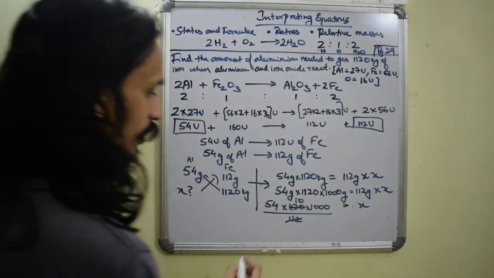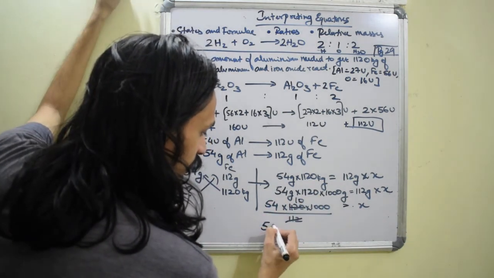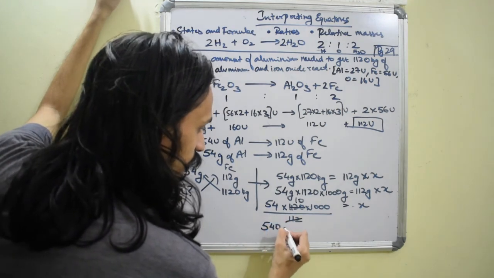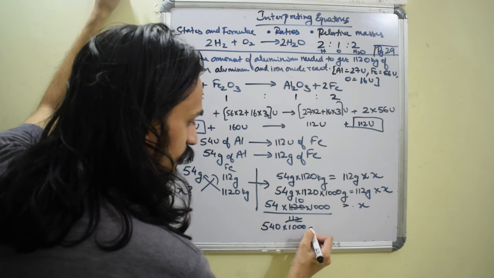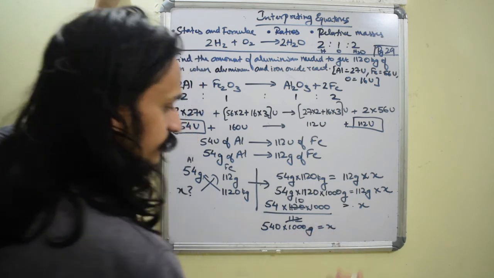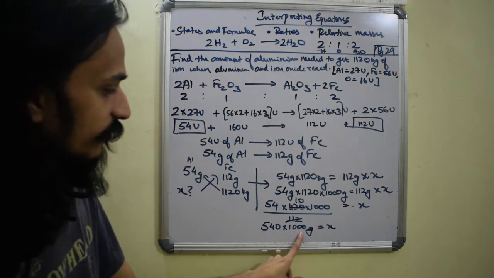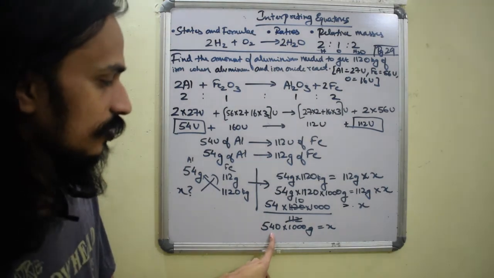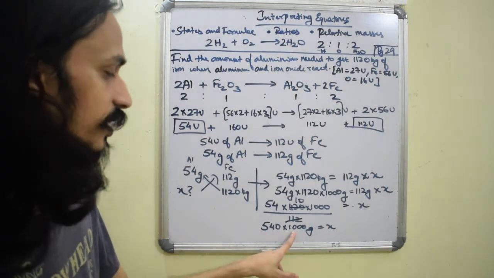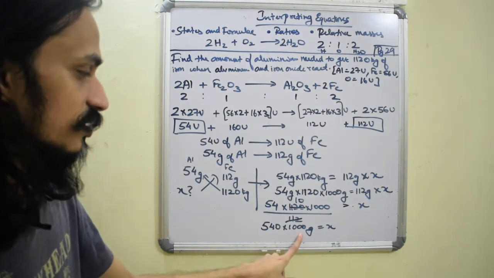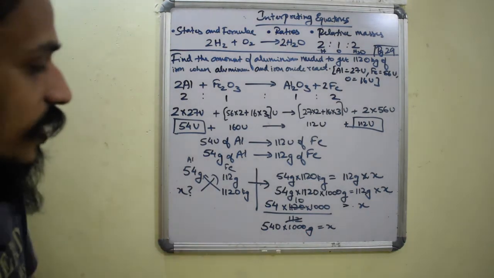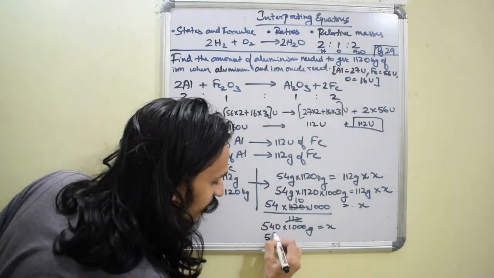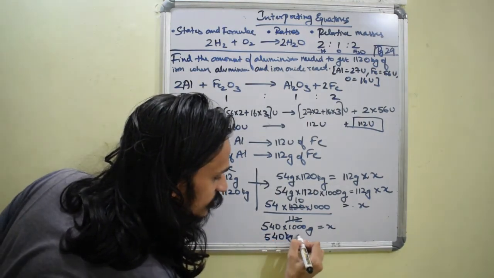Now I simply have to multiply 54 into 10, 540, into 1000 grams equals x. Now 540 into 1000 grams will become 540 kilos, because 1000 grams makes 1 kilo. So I can simply say 540 kilograms is x.